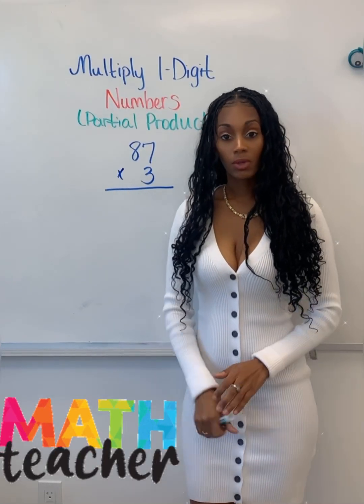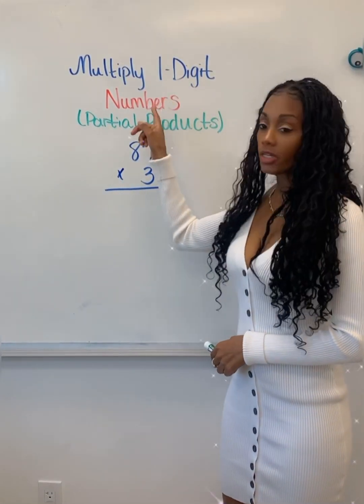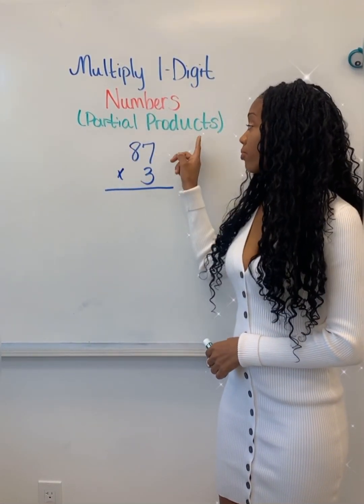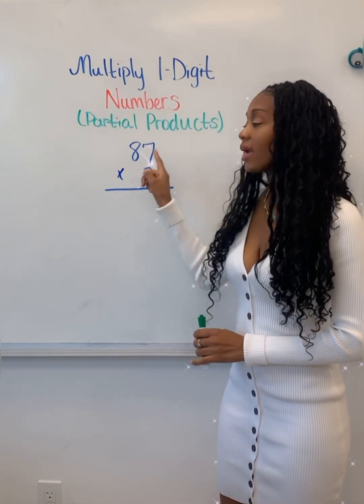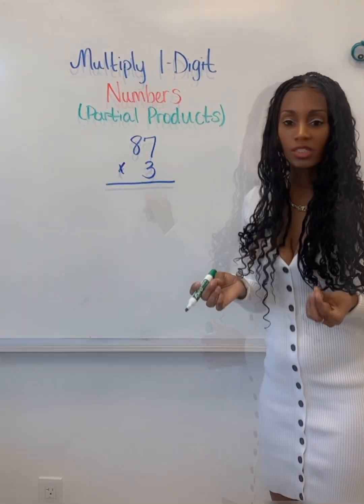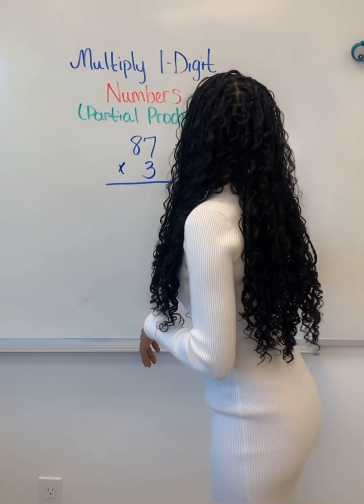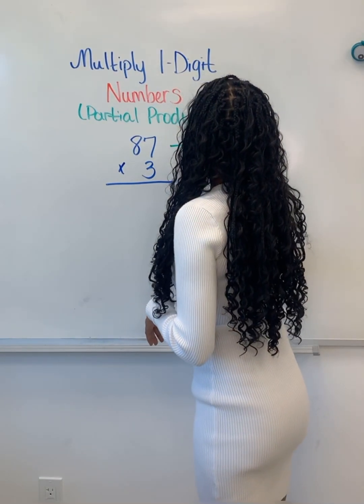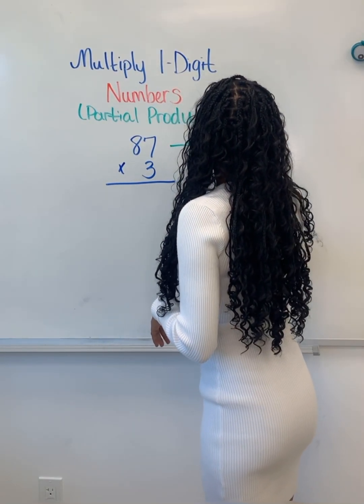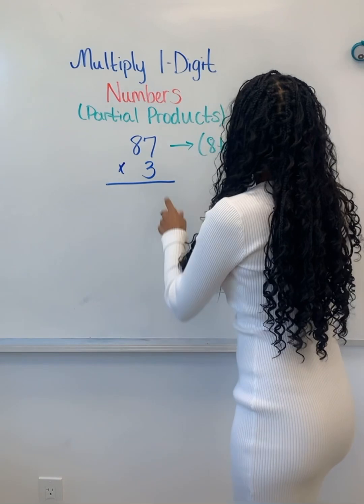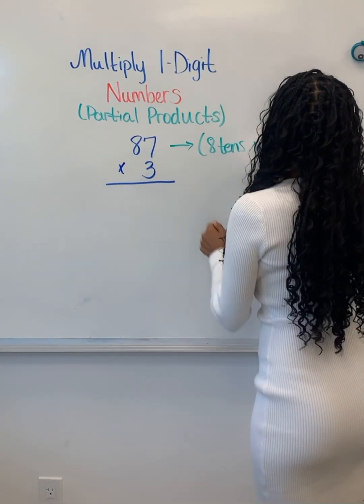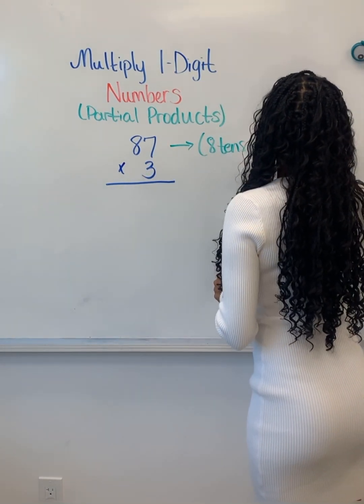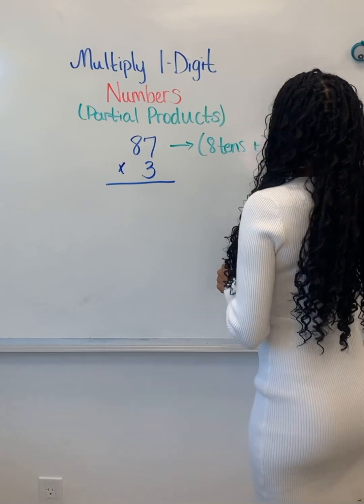Today we are going to multiply one-digit numbers using partial products. We're going to multiply 87 times 3. Essentially what we are doing is multiplying 8 tens plus 7 ones by 3.